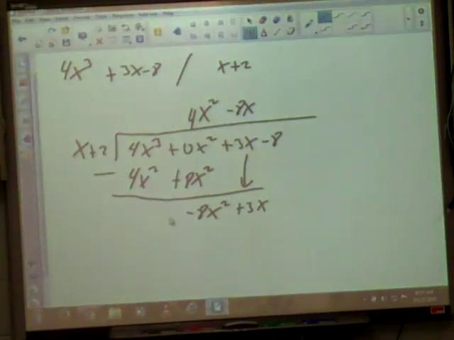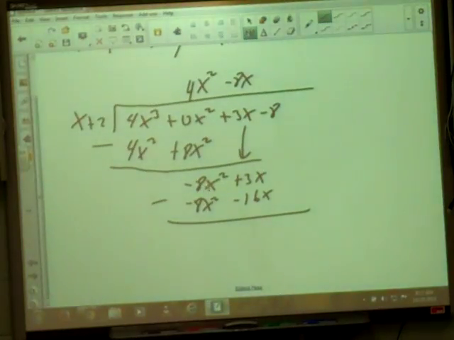Negative 8x times x is negative 8x squared. Negative 8x times 2 is negative 16x. We're subtracting again. Negative 8x squared minus negative 8x squared is nothing. 3x minus negative 16x is a 19x. And I've got a negative 8 over here to bring down.